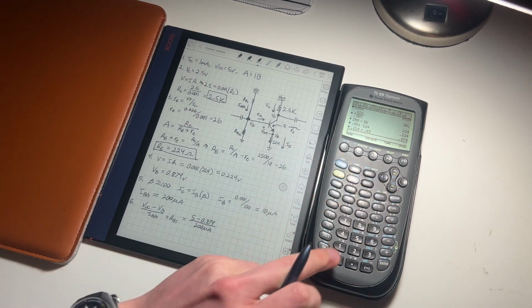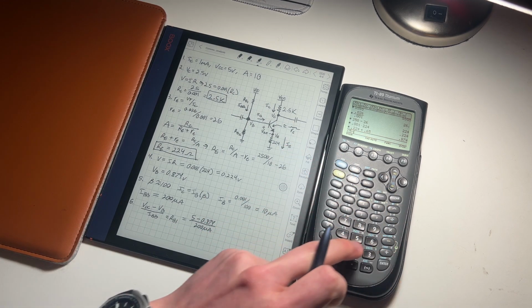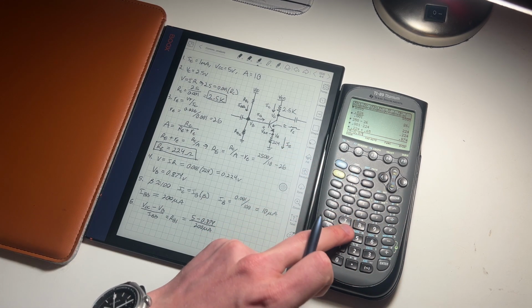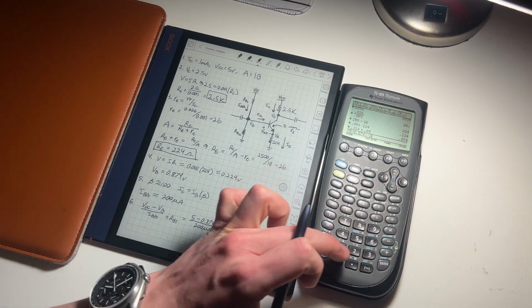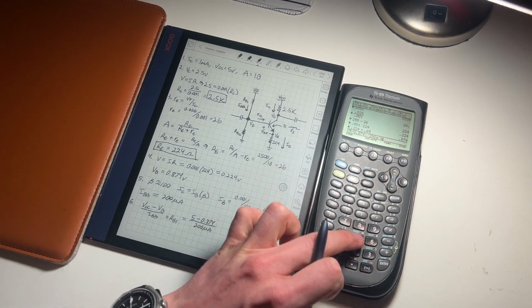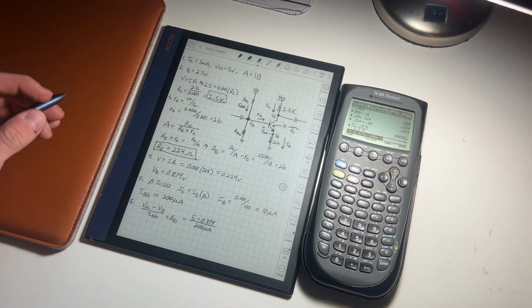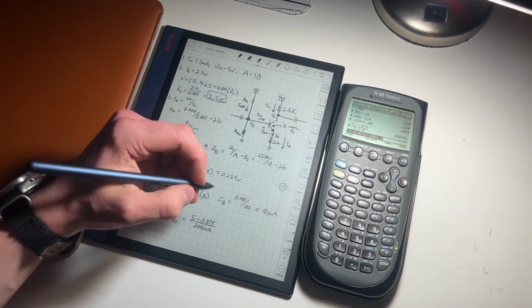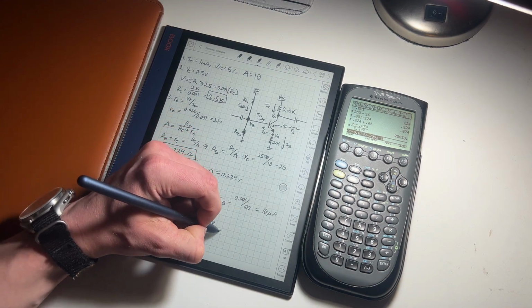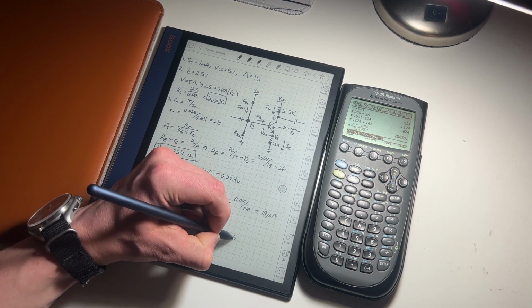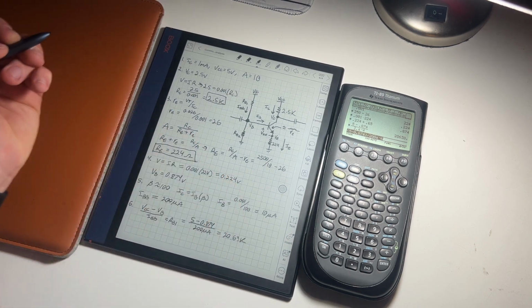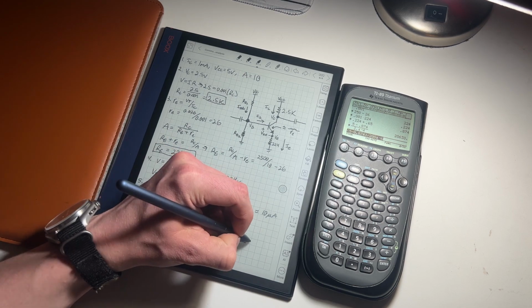So plugging that into the calculator, 5 minus 0.874 divided by 200 microamps gives us a value of 20.63 K. Equals RB1.